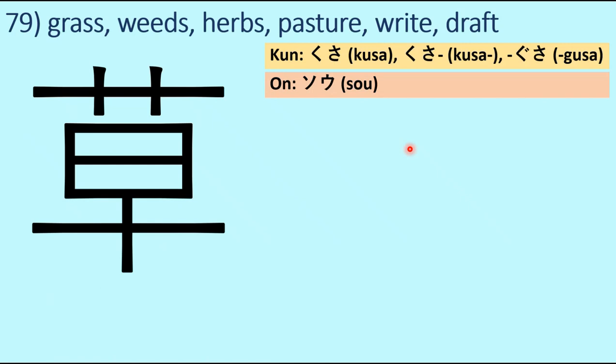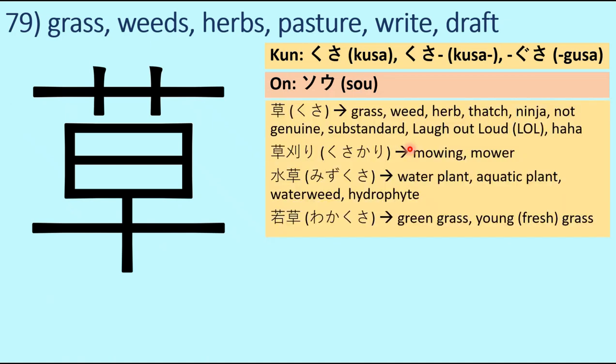The 79th character and the fourth character of today is for grass, weeds, herbs, pasture, right, or draft. The Kun'yomi readings are kusa and gusa, and the On'yomi reading is so. Kusa means grass, weed, herb, thatch, ninja, not genuine, substandard, laugh out loud.